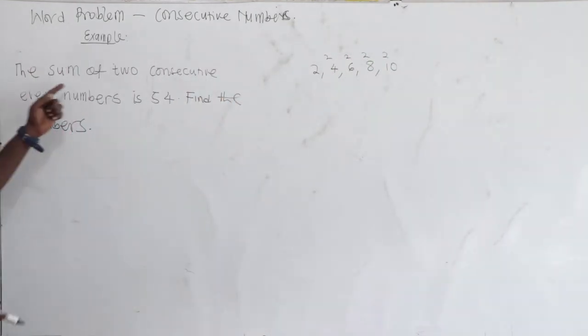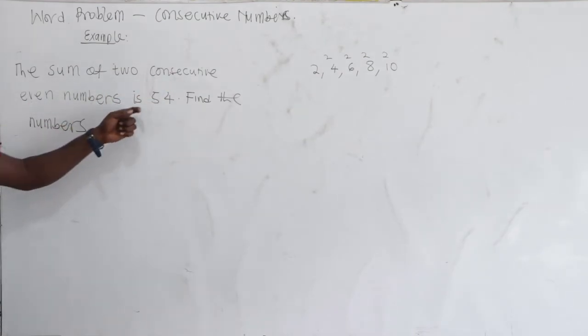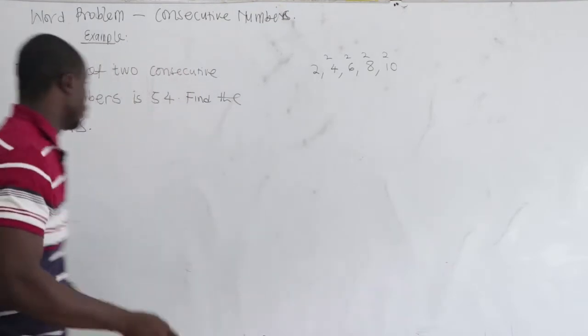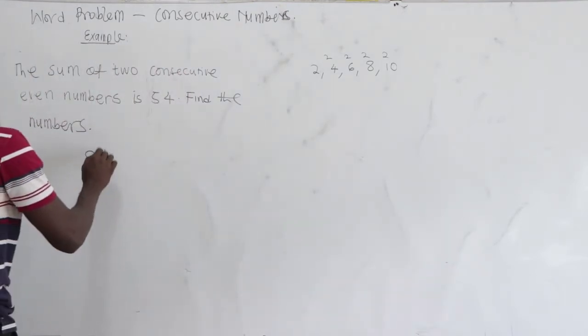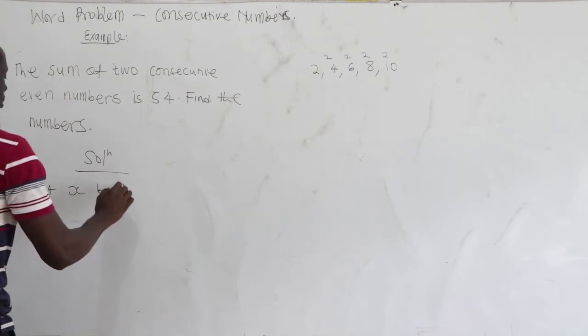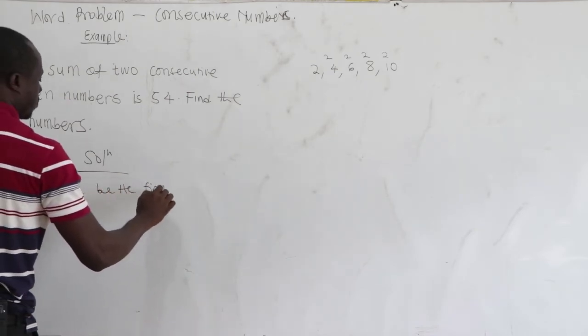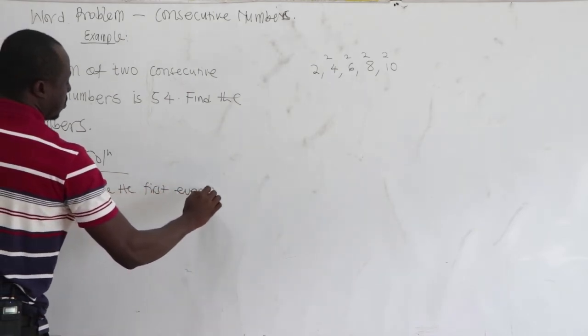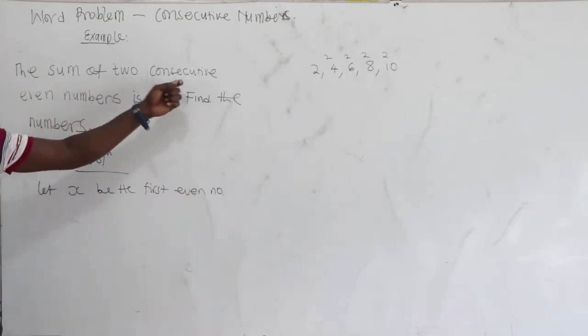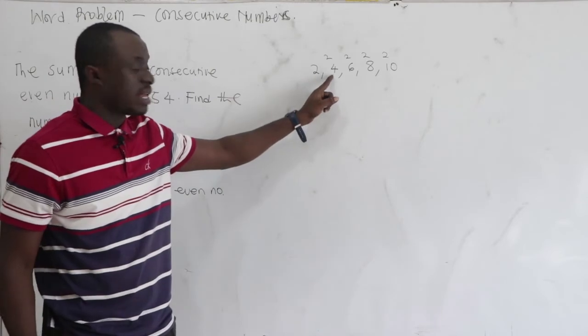So we are going to do the sum of two consecutive even numbers is 54. What is the first one? Is it 8, 10, 12? We don't know. So you can say that let x be the first even number. Now we are going for two consecutive. So if the first is 2, the other is 4.